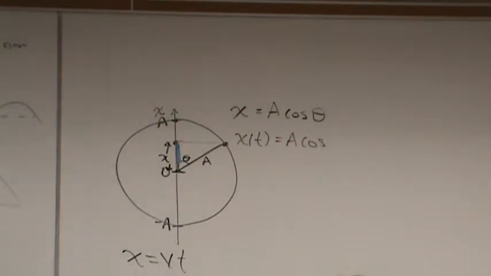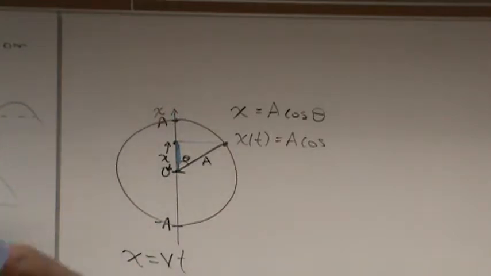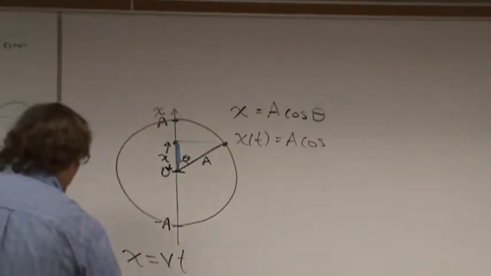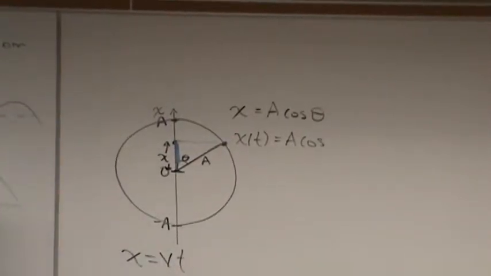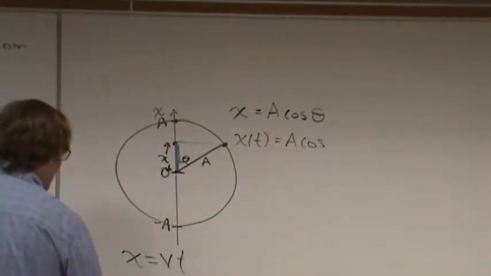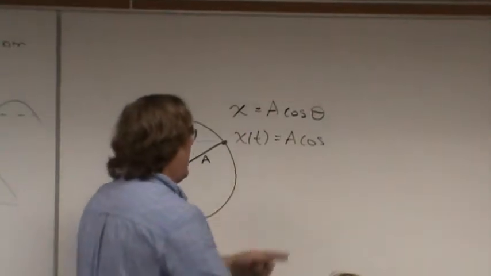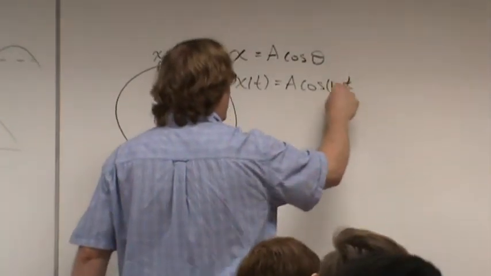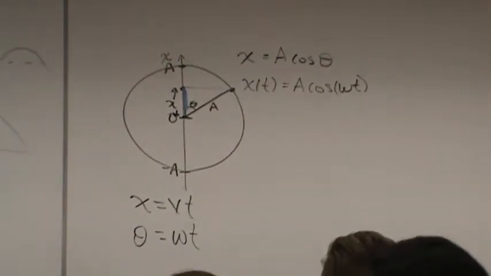And then when we did rotational kinematics, we know that the rotational version of displacement is angular displacement, and the rotational version of velocity is angular velocity. So I got theta equals omega t. And so I'm just going to substitute that for theta. And there you go. I get x of t equals A cosine omega t.